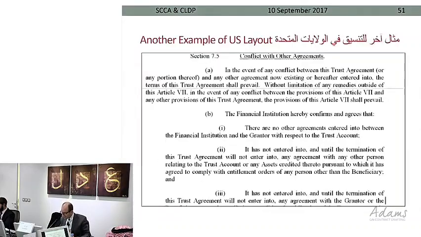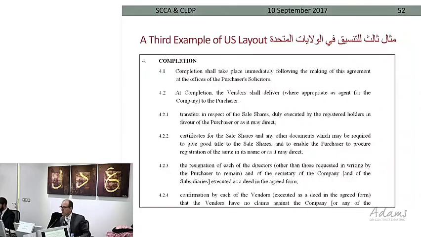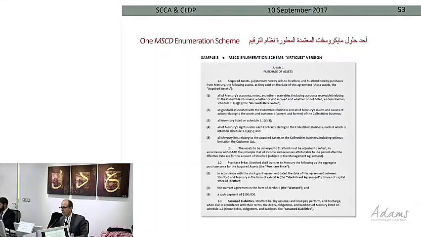This slide and this slide and this slide just show that there are many different ways in which you can arrange contract text. In my world, there's always a best way of doing something, not all sorts of different ways. So I locked myself in my basement for 3 months and came up with, ta-da, the MSCD enumeration scheme.